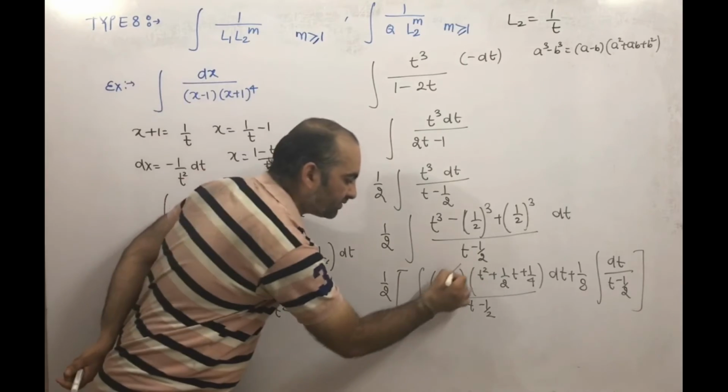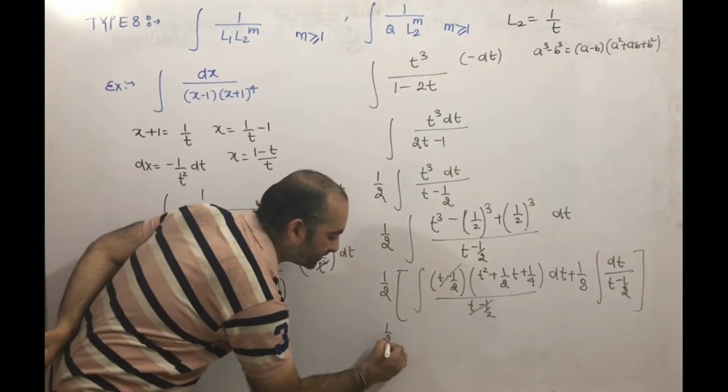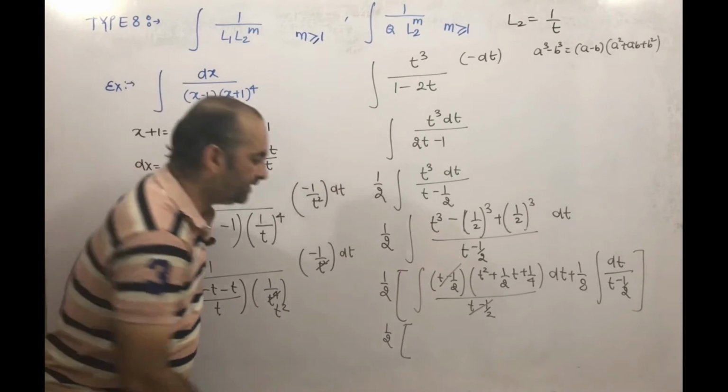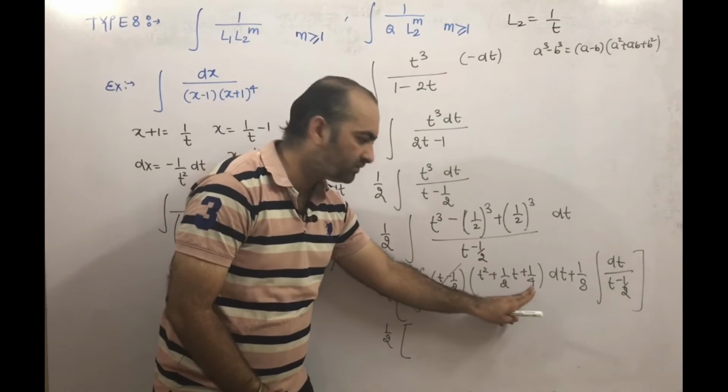Here (t minus 1 by 2) and (t minus 1 by 2) get cancelled. So we get 1 by 2 in bracket, the integration of (t square plus 1 by 2 t plus 1 by 4) dt.